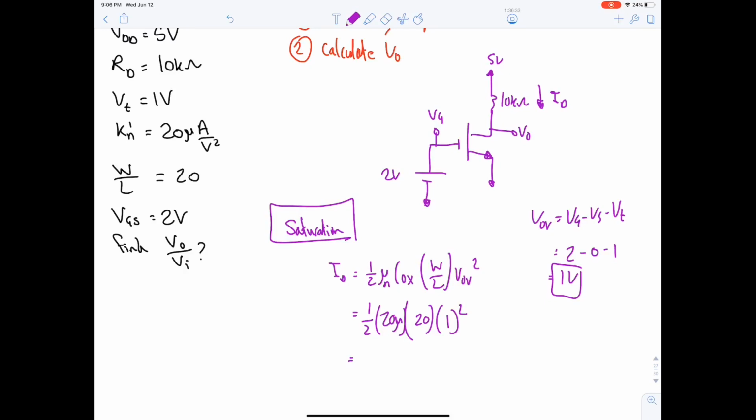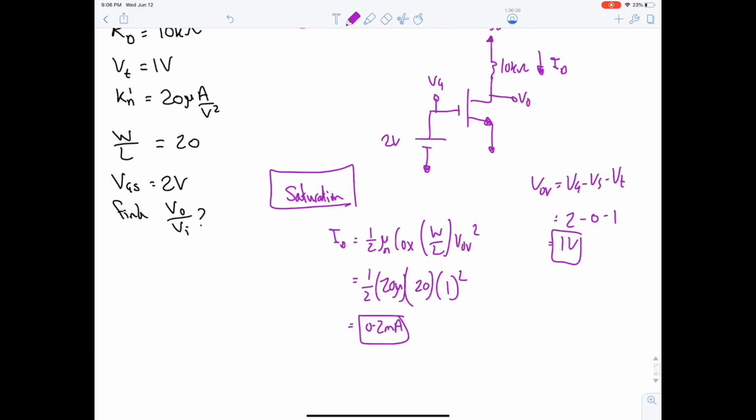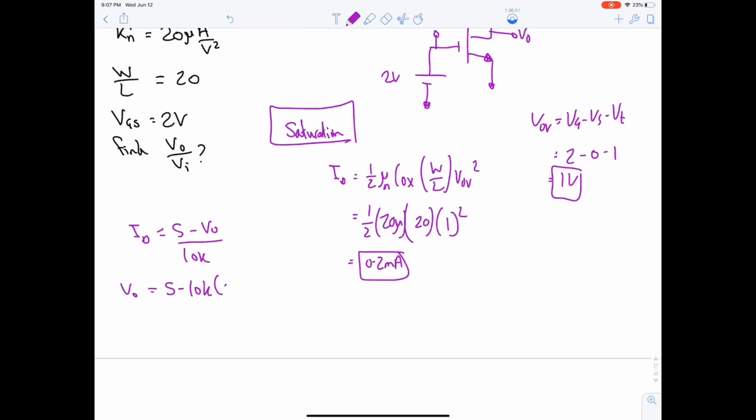This will result in 0.2 milliampere. After finding ID, let's find VO. ID is equal to 5 minus VO over 10K. So VO is 5 minus 10K multiplied by 0.2 milli, which is equal to 3 volt.